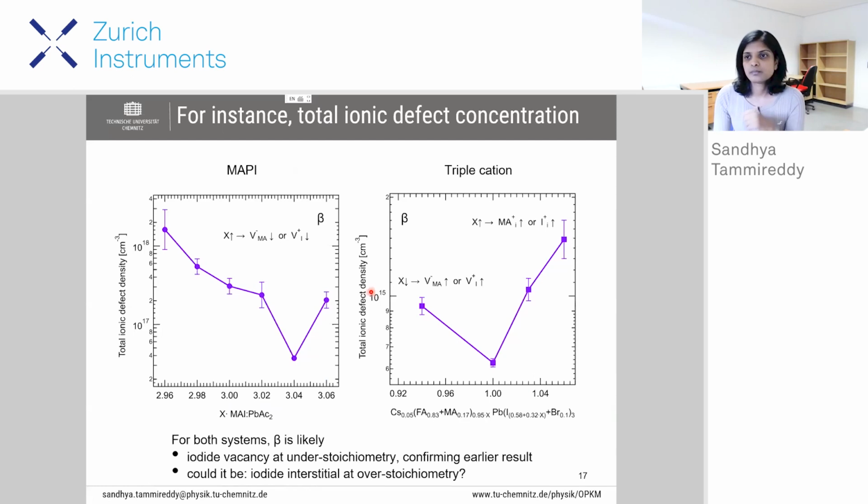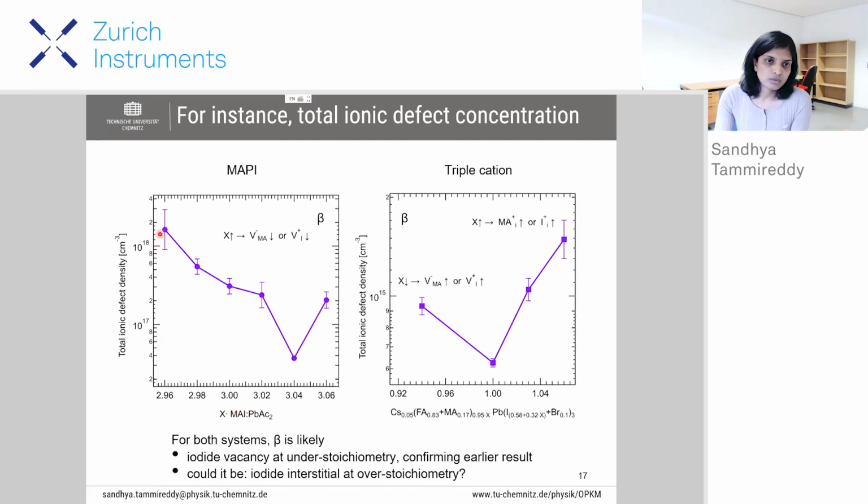So this is what we did. As I've been talking about, we looked at two different perovskites, MAPI and triple cation, and we looked at the difference in the total ionic defect densities with respect to stoichiometry. As you vary the stoichiometry, you can expect certain trends. For example, when you increase the MAI composition, you could expect more methylammonium iodide interstitials, or iodide interstitials.